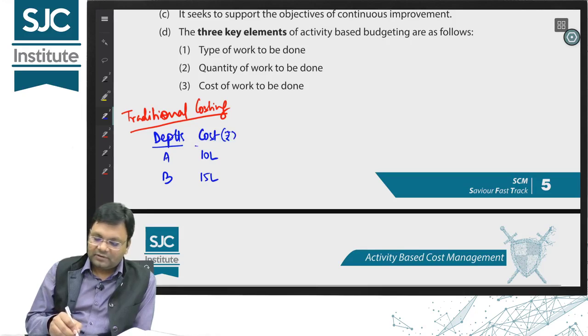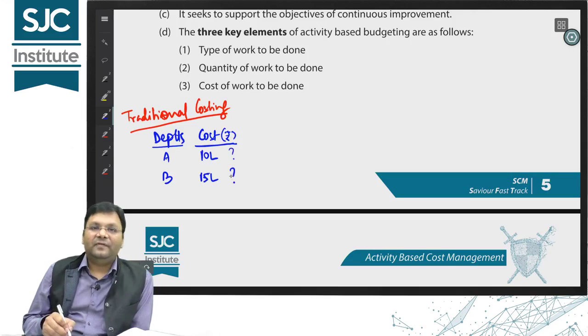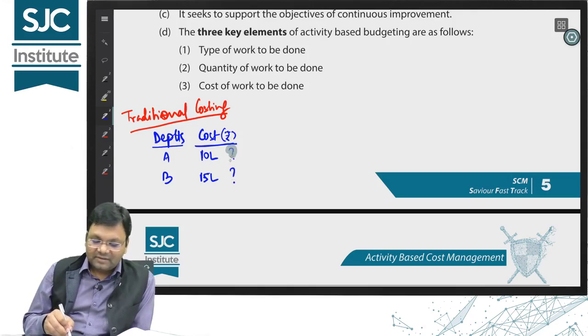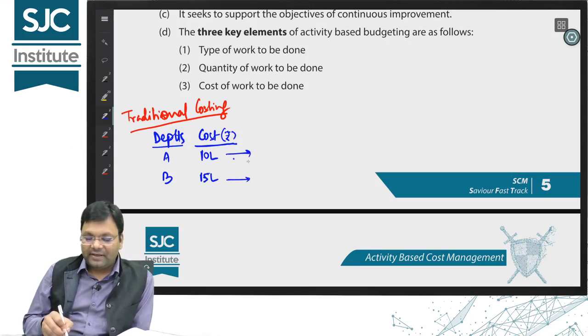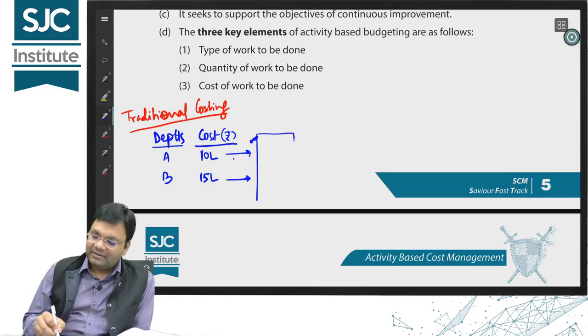My point is how this amount was fixed as 10 lakh and 15 lakh. There must be some working behind this. The statement that you prepare for this working is called a budget.